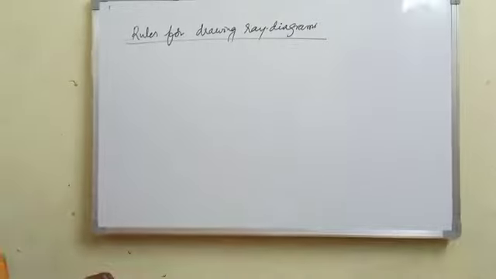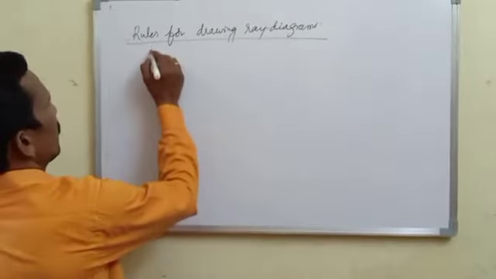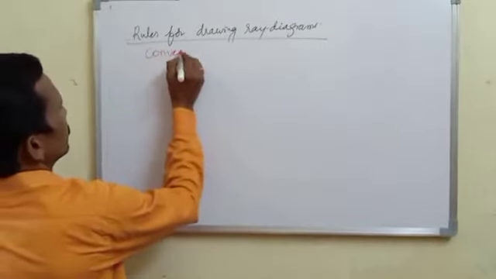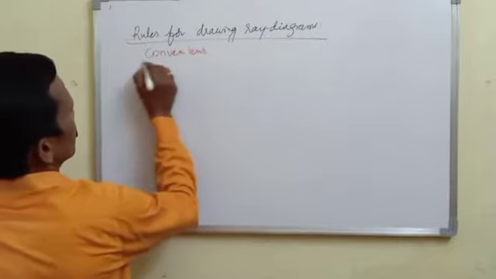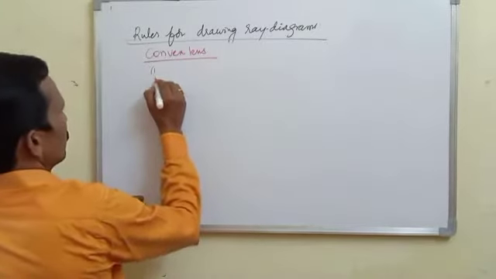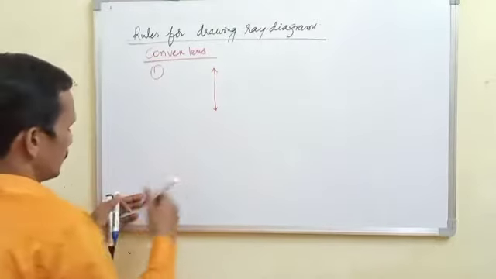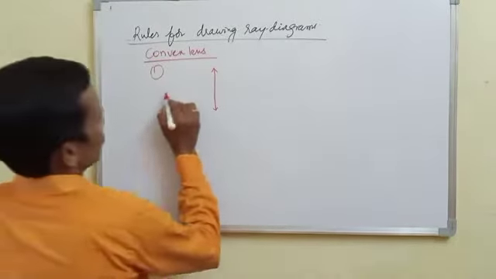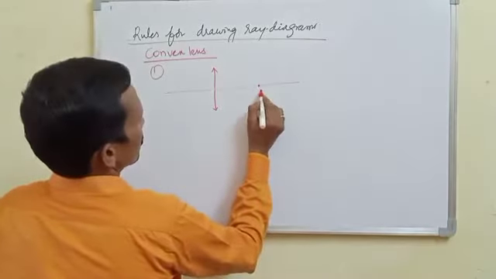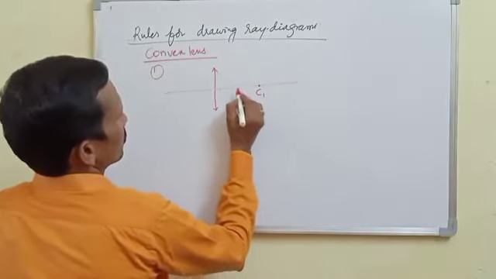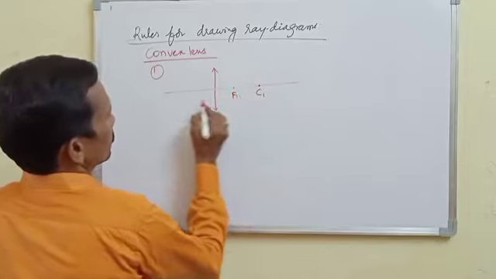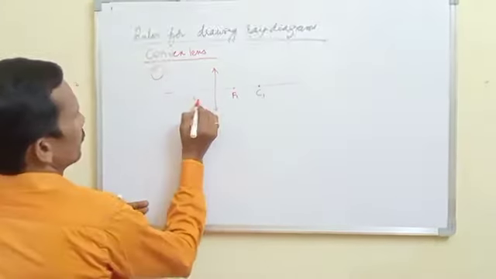So, the rules for drawing ray diagrams. Suppose we have a convex lens. First rule: this is a convex lens. Here it is C1, F1, F2, C2.